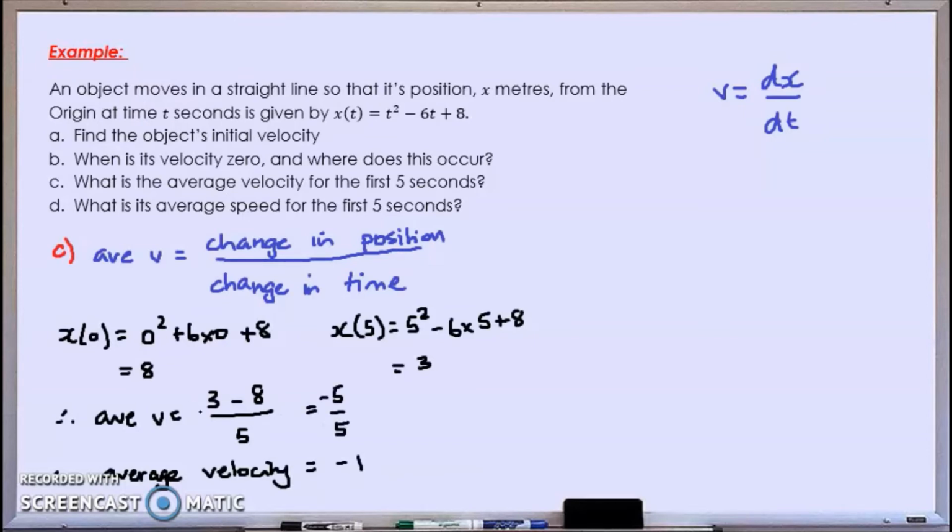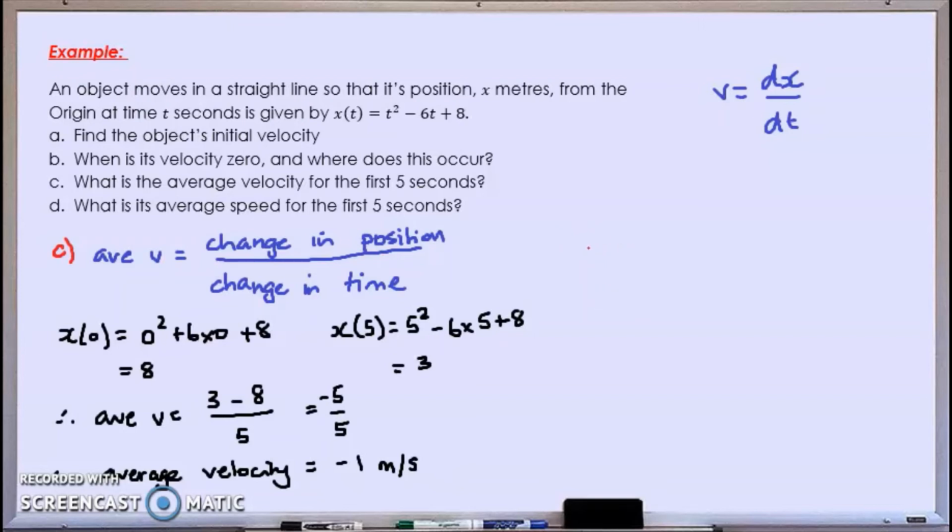Notice how I've taken the final position and then the original position. We need to do it that way. So the change in position is the final minus the original. So my average velocity for this is -1 meters per second. Now that's compared with the average speed.